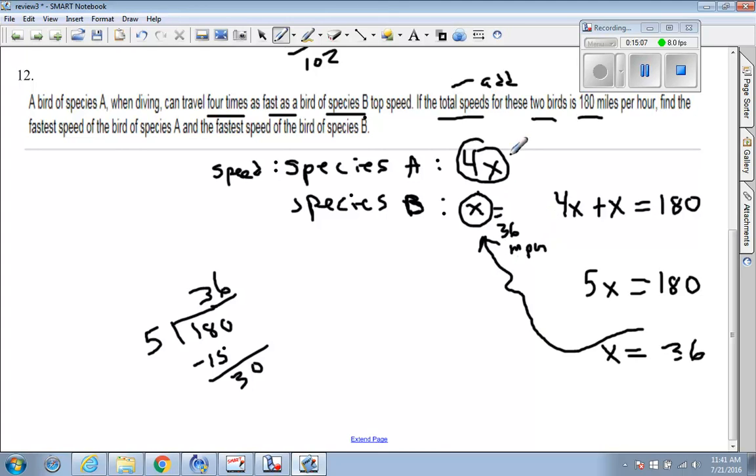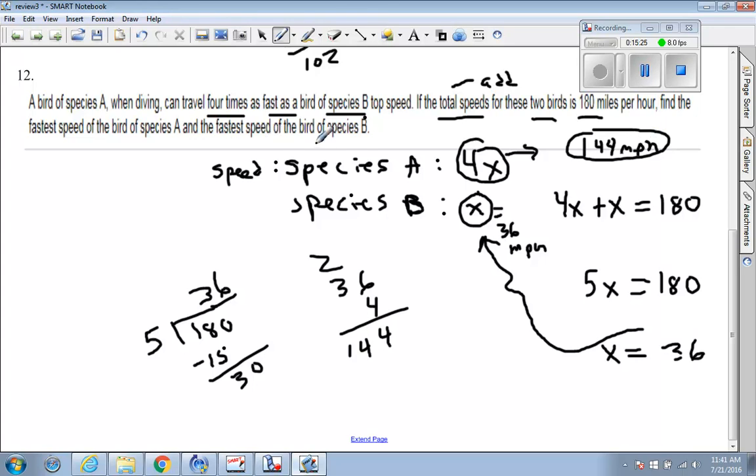And the speed of species A is 4 times as fast. So whatever 36 times 4 is, 144. So 144 mph.